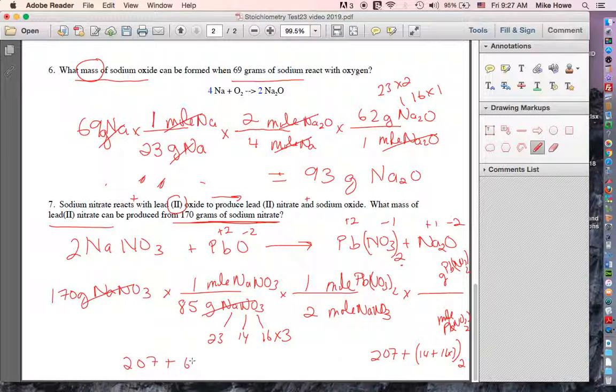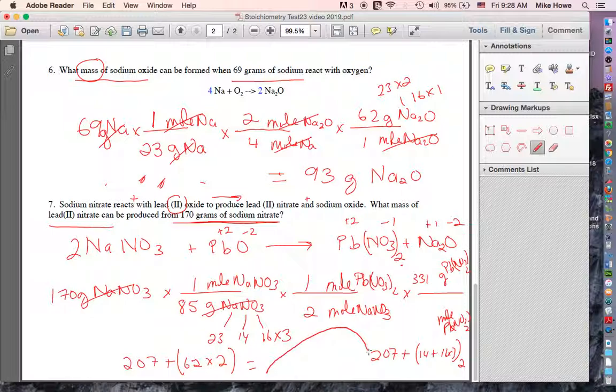So plus 62 times 2, because there's 2 of what's inside the parentheses. So 62 times 2 is 124. 124 and 207 is 331. So this number here is 331.